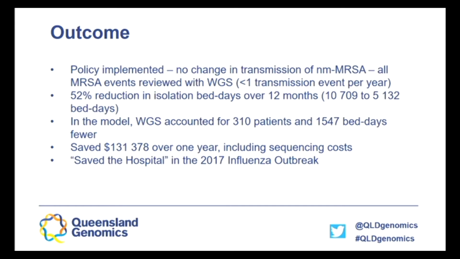There's no transmission clusters, which I think is probably what we talk about most, and we've had none since then. That implementation of policy change has resulted in a 52% reduction in isolation bed days over 12 months.